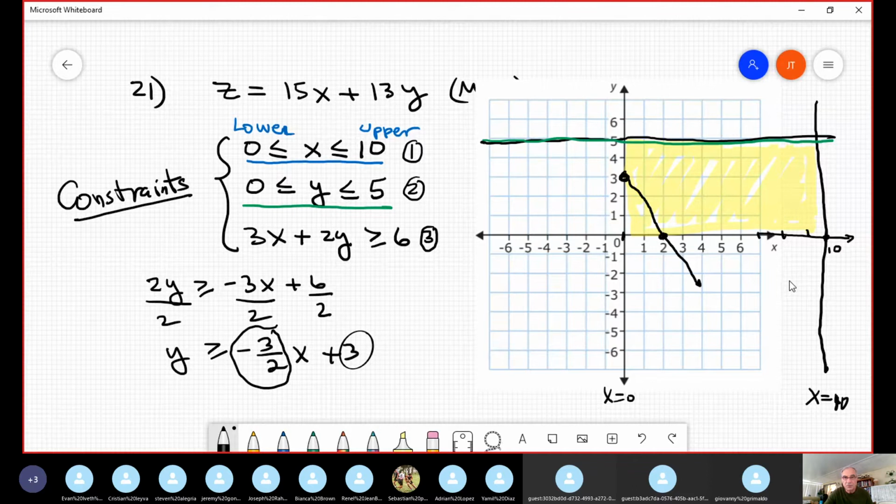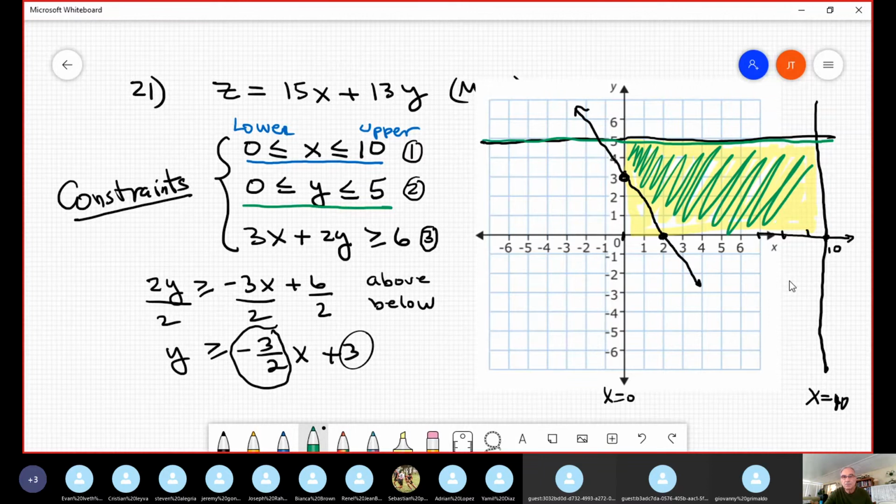Which part do I shade, below or above? Above. In my opinion, it's that part. With the green color, I shade the polygon formed by the solution of these three inequalities, 1, 2, 3.